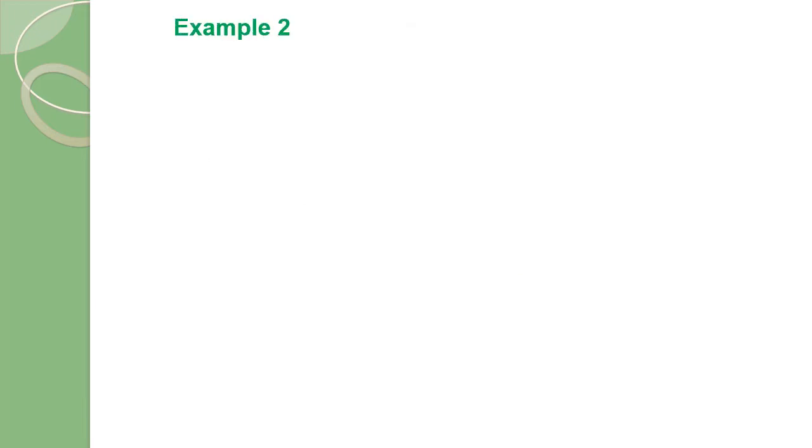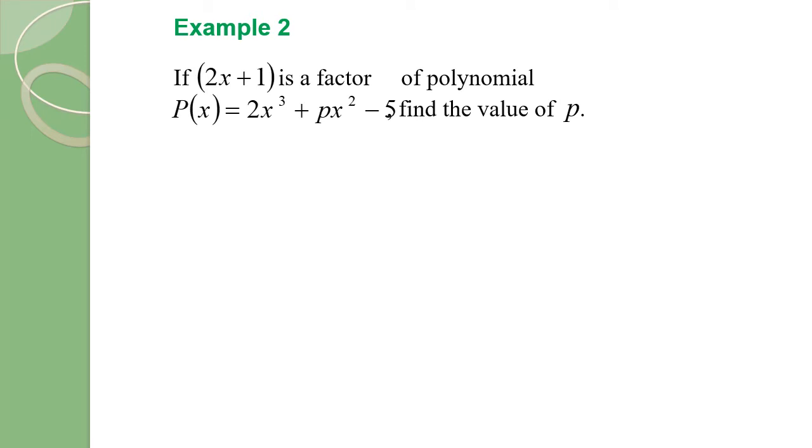So example 2. If 2x plus 1 is a factor of the polynomial. Now we know the fact that 2x plus 1 is a factor. What can we say? p of negative 1 over 2 equals 0.